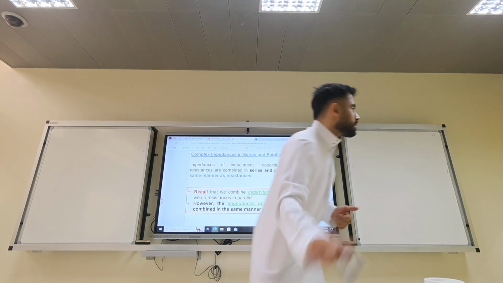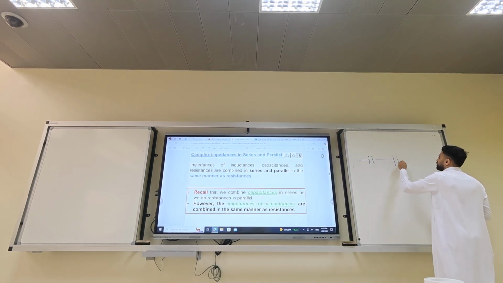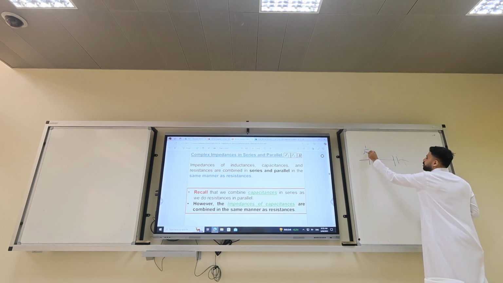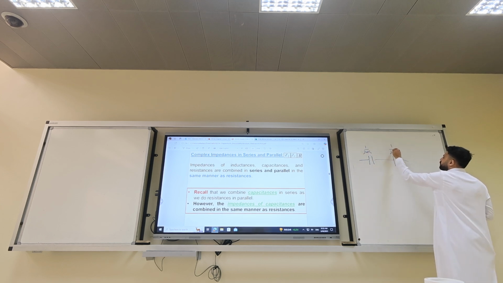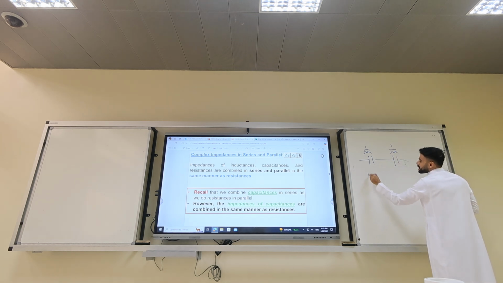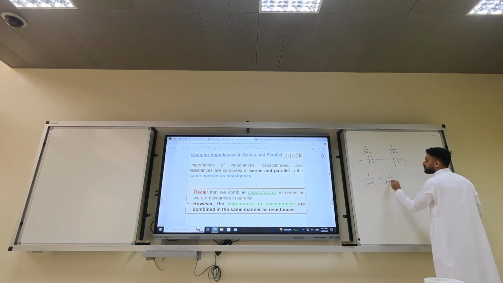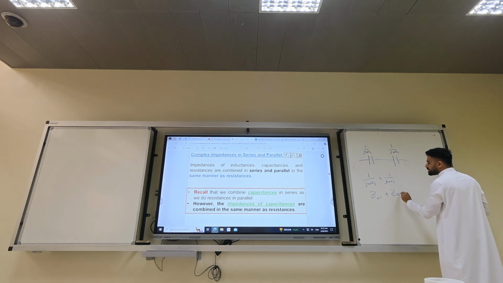Because if you calculate the impedance, you already have 1 over j omega C. So if one has 1 over j omega C1 and 1 over j omega C2 and you combine them, it's going to be 1 over j omega C1 plus 1 over j omega C2, which is Z sub C1 plus Z sub C2.